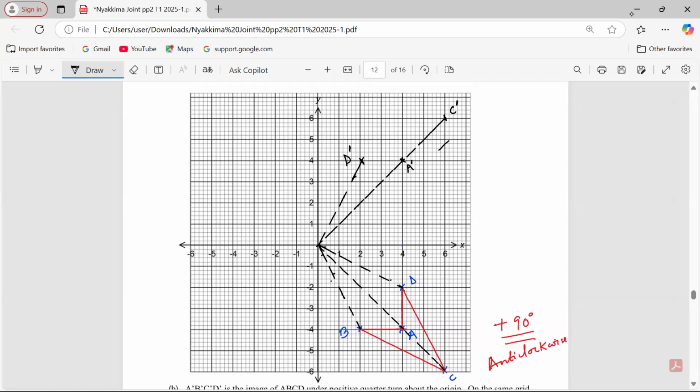So this is how we're going to do it. After measuring 90 degrees, we shall move to a point like that, whereby this now becomes B prime.